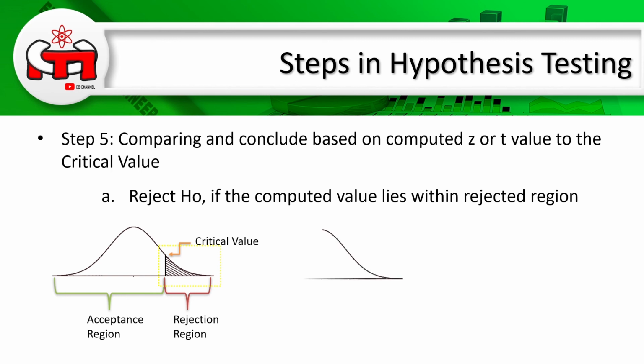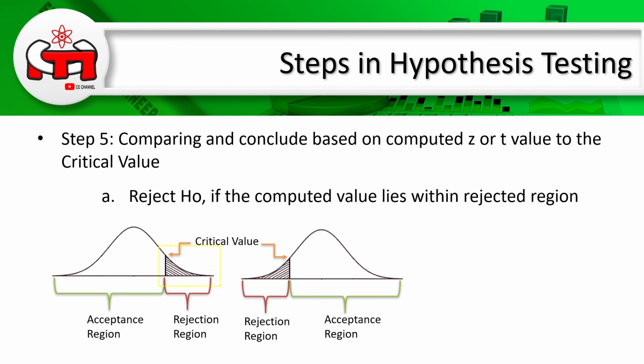If the alternative hypothesis uses less than, the rejection region is on the left side and the acceptance region on the right side; the z or t table value is the critical value. Again, we reject the null hypothesis HO if the computed z or t value lies in the rejection region.